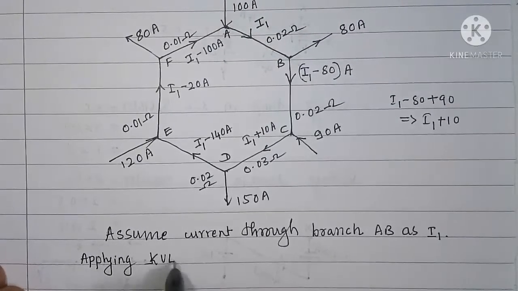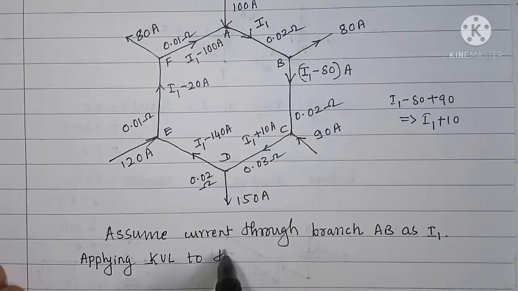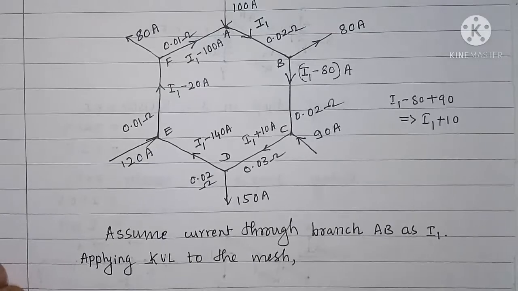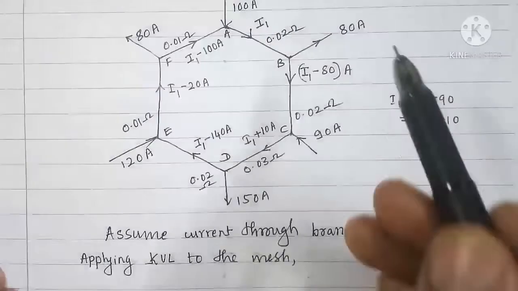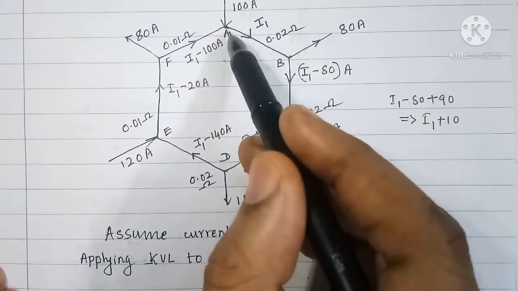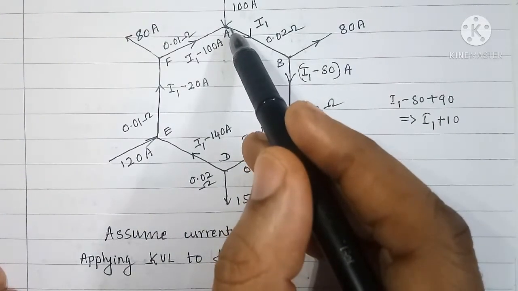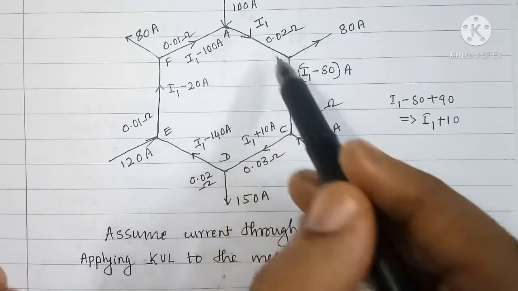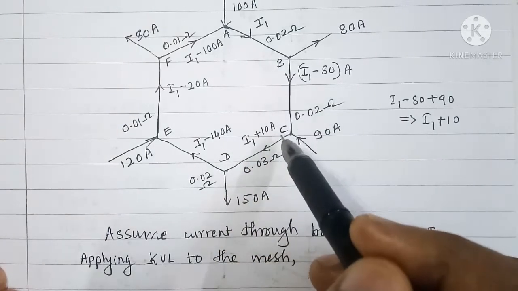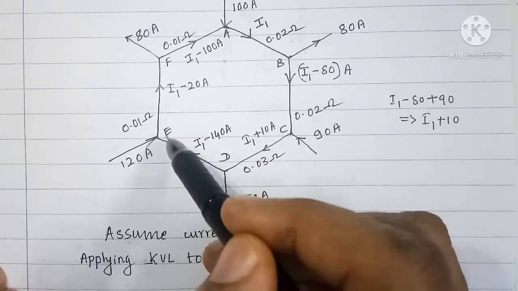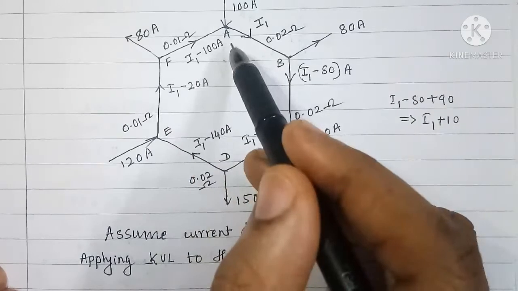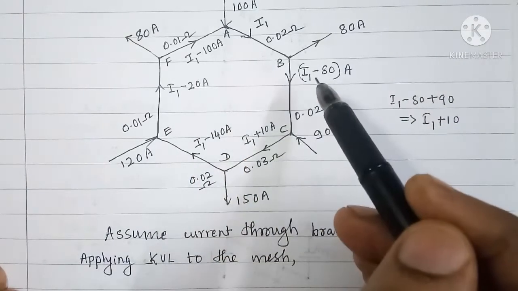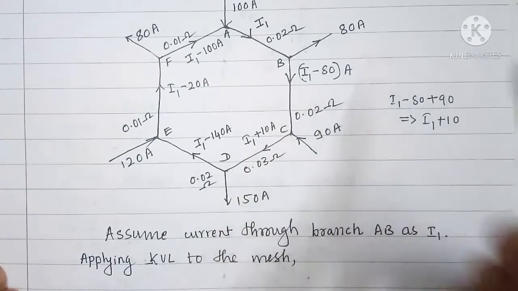Applying KVL to the mesh, what should I get here? The sum of drops in branches AB, BC, CD, DE, EF and FA equals the voltage rise, that is equal to 0.